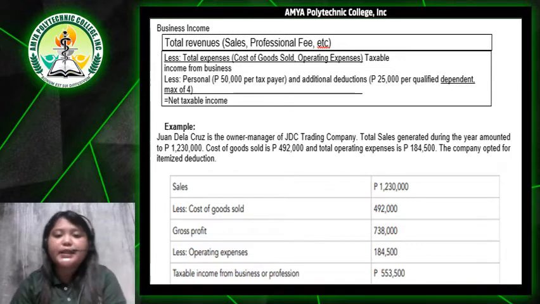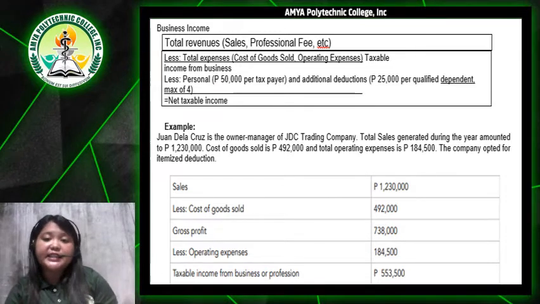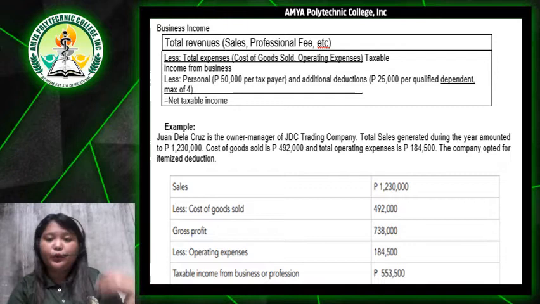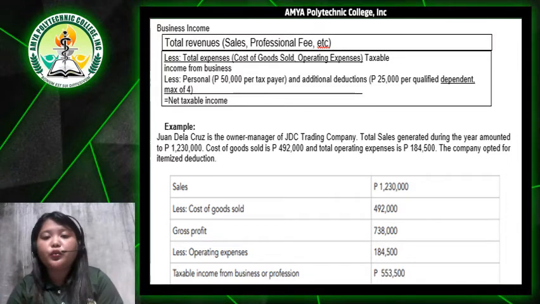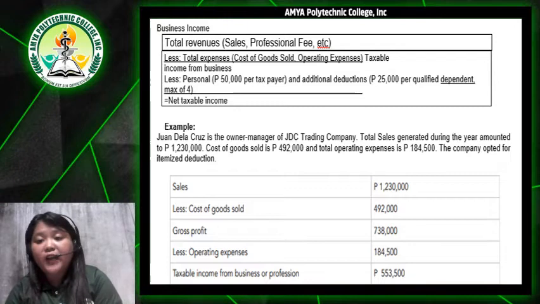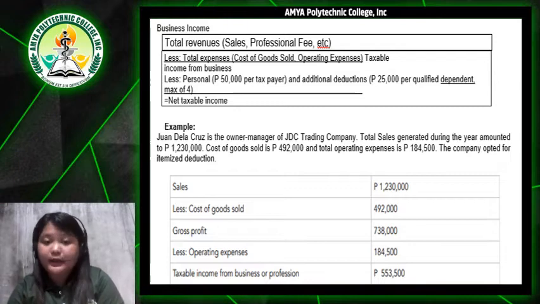Juan de la Cruz is the owner-manager of JDC Trading Company. Total sales generated during the year amounted to 1,230,000 pesos. Cost of goods sold is 492,000 pesos, and total operating expenses is 184,500 pesos. The company opted for the itemized deduction.